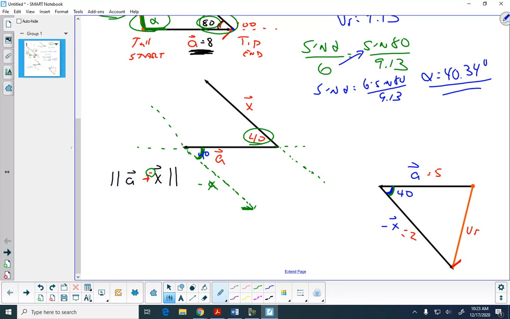Opposite interior, or alternate interior angles. If two parallel lines are cut by a transversal, alternate interior angles will be congruent. If two angles are congruent, then they have equal measure by definition of congruency.